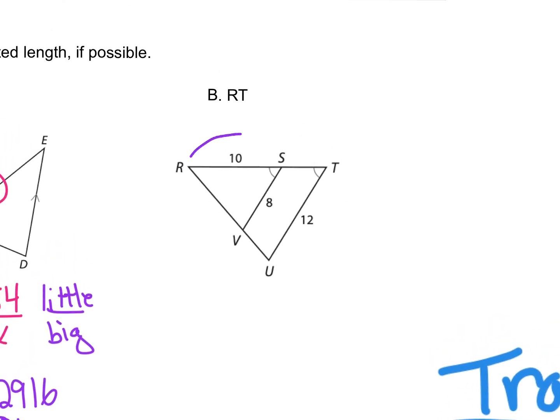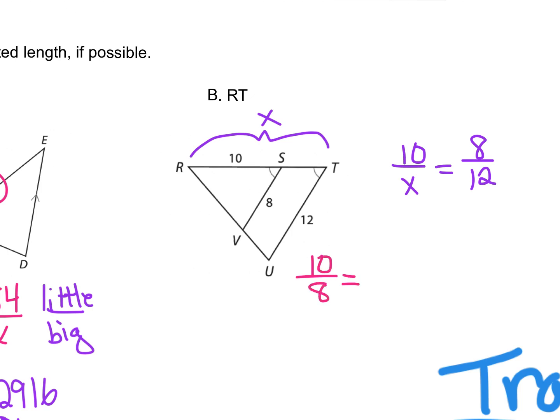RT. So RT. So side of the little one is to side of the big one, as bottom of the little one is to bottom of the big one. You could also do it as, just look at the little one first. So side is to bottom, and then the big one, side is to bottom.